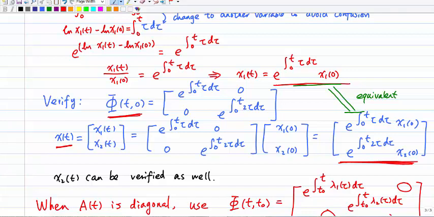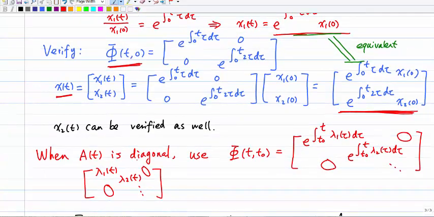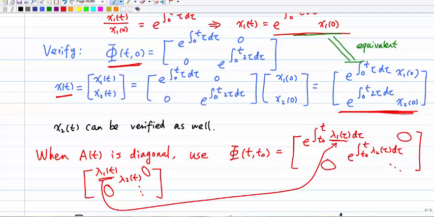All right. So in general, if A(t) is diagonal, I can use this: phi(t, t0) with the integral of lambda 1 tau d tau. Assume A is diagonal, with lambda 1(t), lambda 2(t), up to lambda n(t) as the diagonal entries of my matrix A(t). Then my transition matrix phi(t, t0) is e to the integral from t0 to t of lambda 1(tau) d tau. This comes from here: you change t to tau and do the integration of the same function from t0 to t.